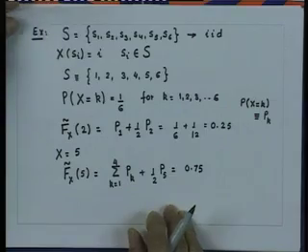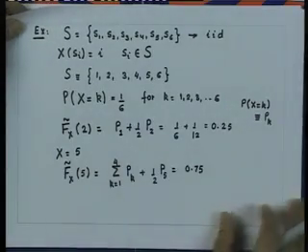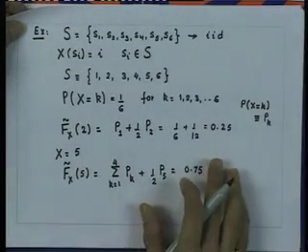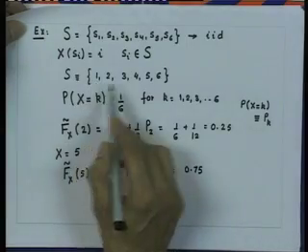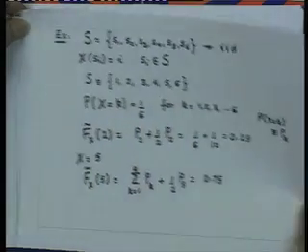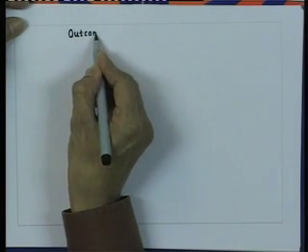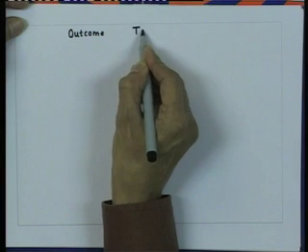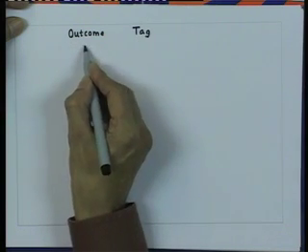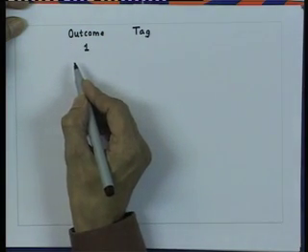So, using this concept we can find out the tags for other outcomes also: 1, 3, 4, 6, and they will be as follows. We have already seen the tag for outcomes 1 and 5.